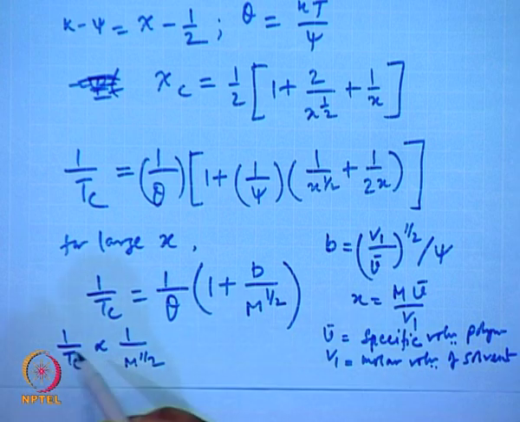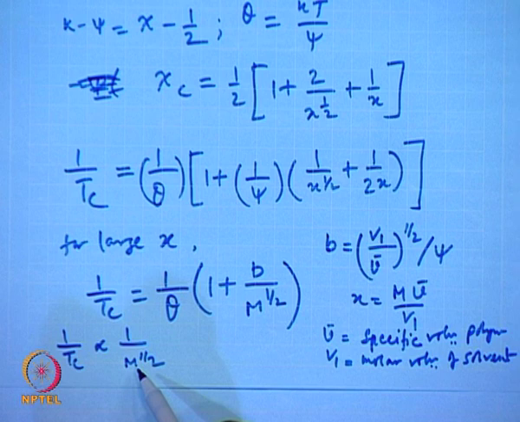In this case, critical temperature also varies with the molecular weight. So, if your molecular weight goes up, then your critical temperature also will go down. We have seen earlier that if your molecular weight goes up, critical composition also goes down, and in this case we are seeing that if molecular weight goes up, then critical temperature also comes down.